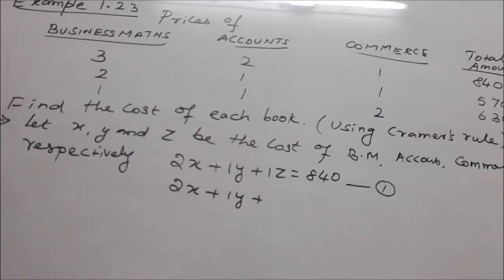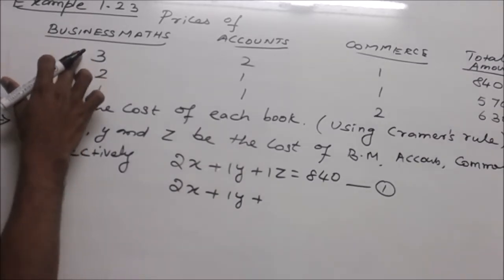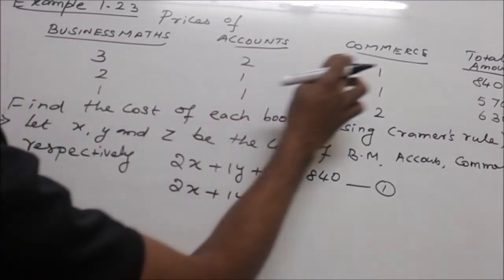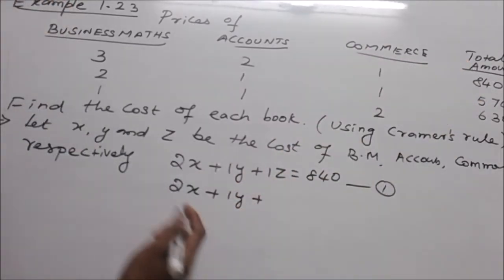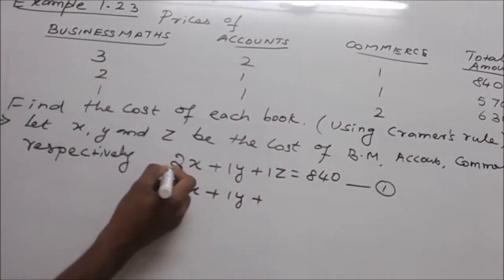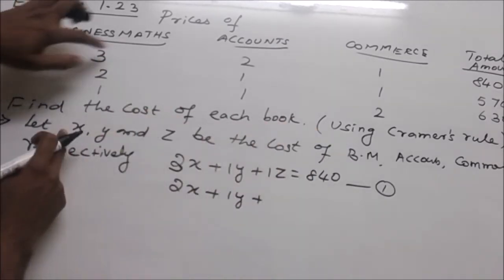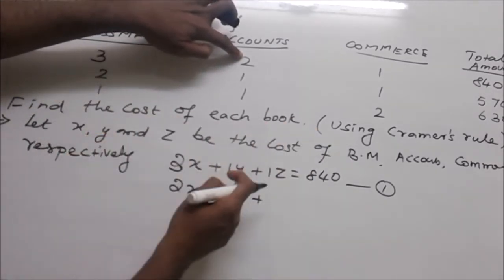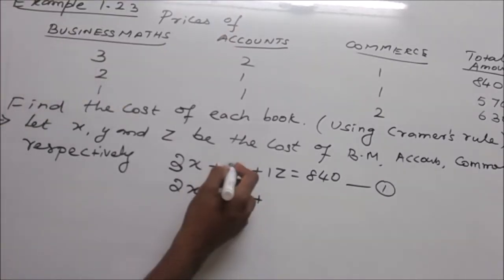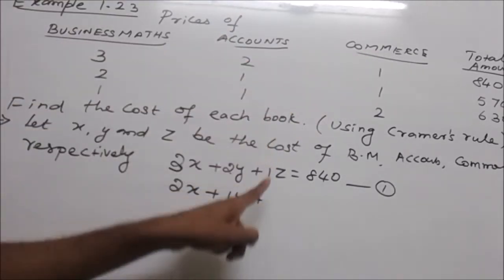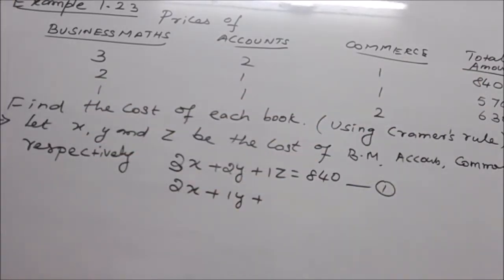By the data, 3 business max books, 2 accounts books and 1 commerce book is equal to 840. Therefore, 3x plus 2y plus 1z equals the total value 840.